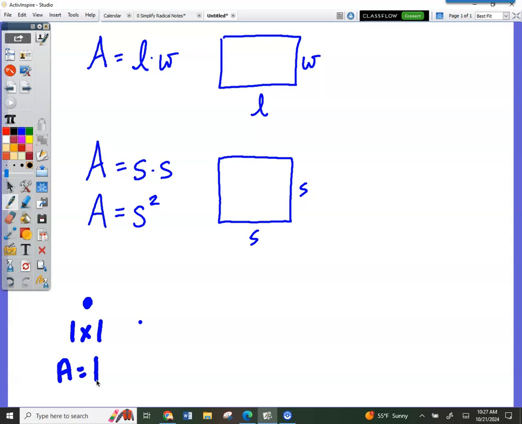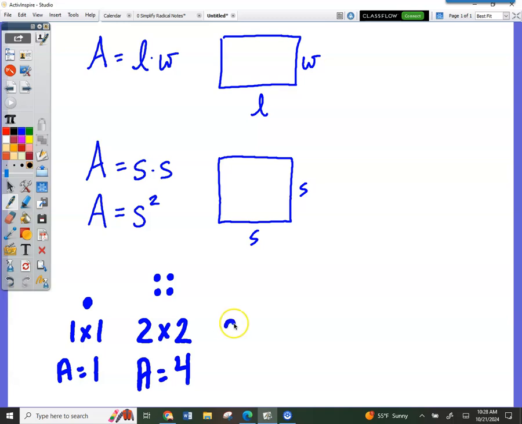Now let's do a... What comes after 1? 2 by 2. 2 columns, 2 rows. What is the area of a 2 by 2? 4. Because how many dots are there? 4. Everybody stay with me.